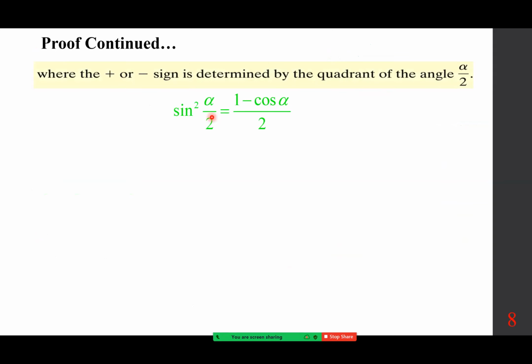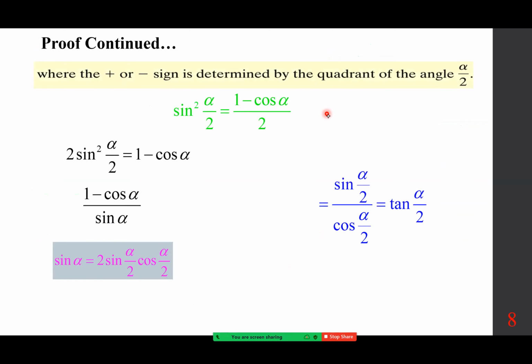So for example, sine squared alpha over 2, we said, is 1 minus cosine alpha over 2. So as I said, tan alpha, you can write as sine over cosine.